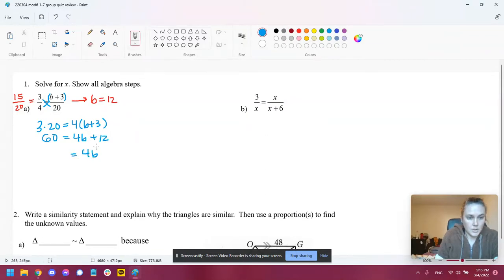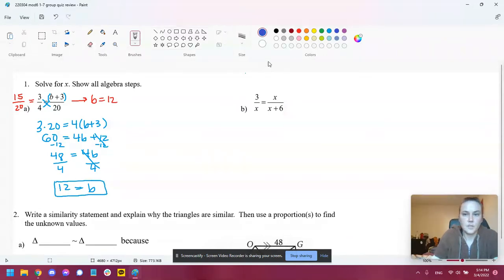I subtract 12 on both sides to get 48. And then these cancel. Then to get b by itself, I would divide by 4 and get 12. So that's also a totally valid way to do this.